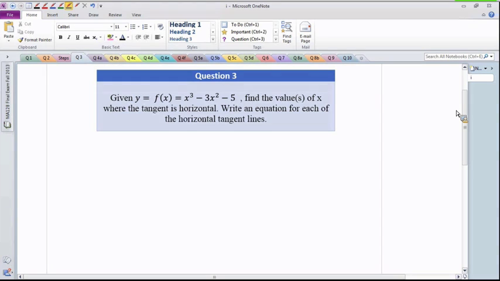Our derivative function gives us the slopes of the tangent lines of the function. So first step would be to find the derivative. The derivative of f of x, f prime of x, is 3x squared minus 6x using the power rule.